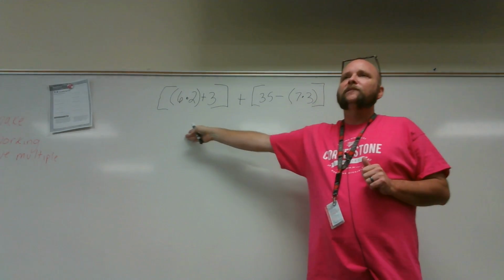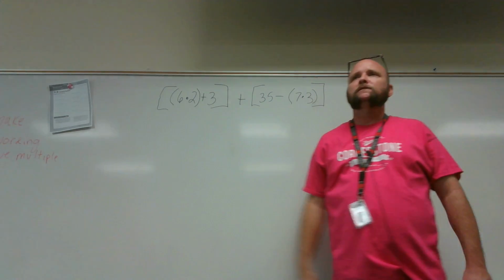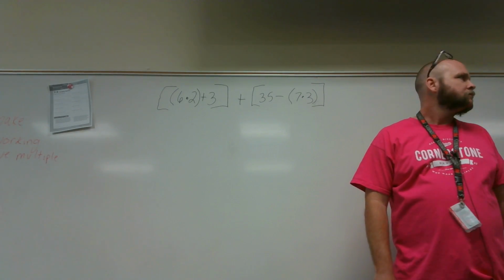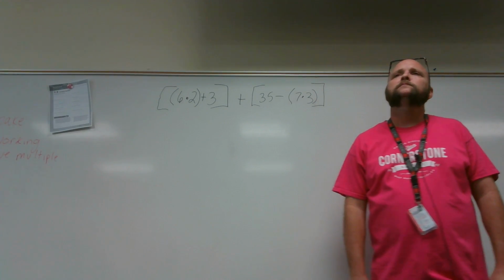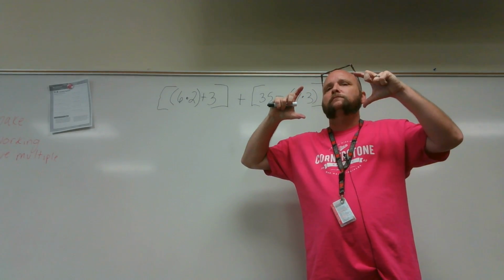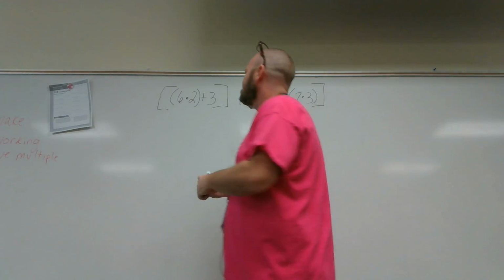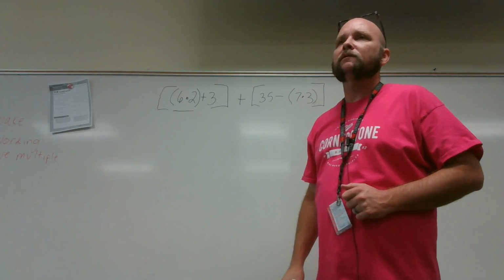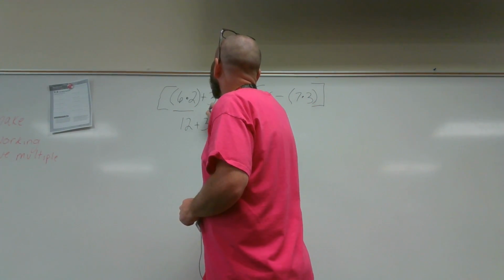So Reuben, inside this bracket, what do we do first? The first one to do is multiply 6 times 2. Why? Because of the parentheses inside the brackets. And Reuben, what is 6 multiplied by 2? 12. We bring down everything we've yet to use.